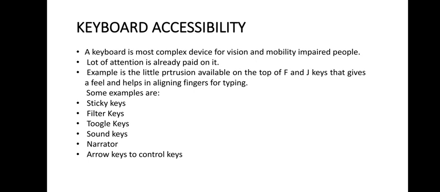An example is the little protrusion on the top of the F and J keys that gives a feel and helps in aligning fingers for typing for physically disabled people. Basically, this protrusion is a kind of projection which helps physically disabled people.